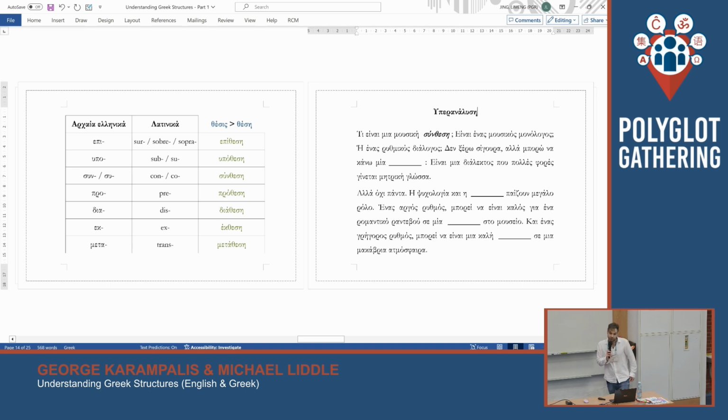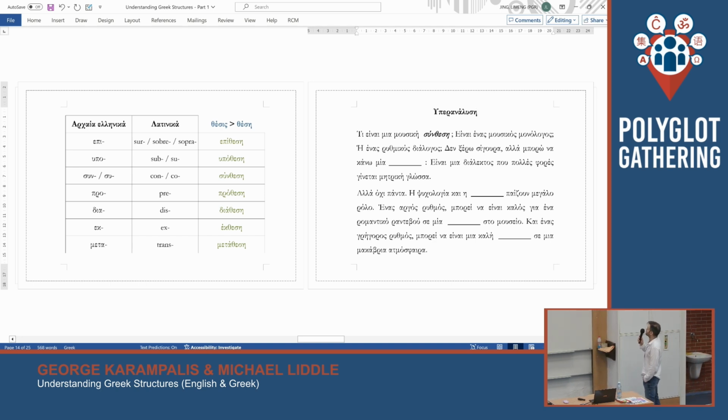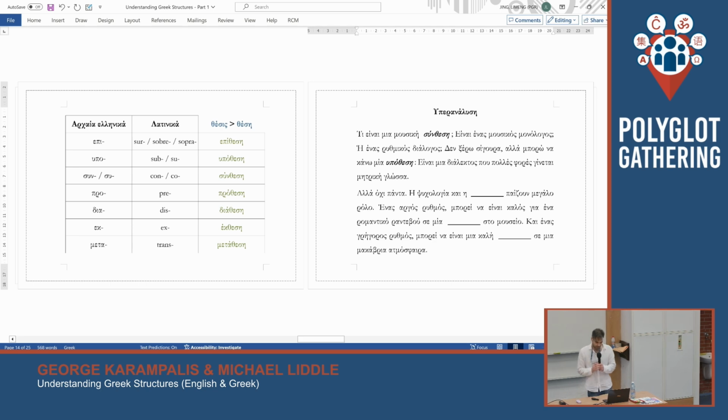Δεν ξέρω σίγουρα, αλλά μπορώ να κάνω μία υπόθεση. Supposition, right, hypothesis.